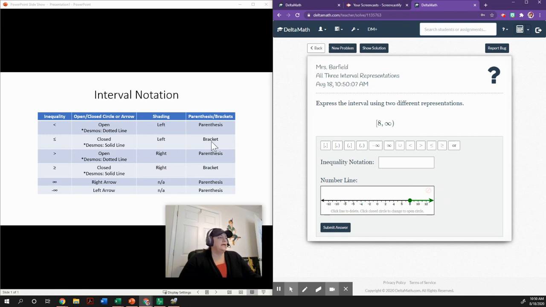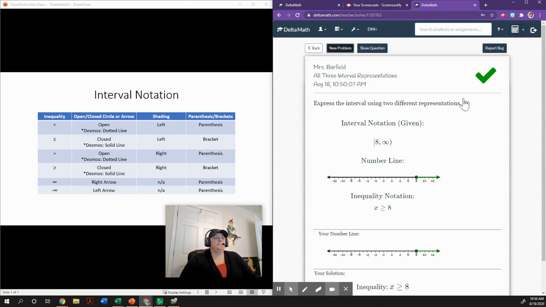Okay, I've got a bracket, which means I have a closed circle. So this picture's done. All right. Well, honestly, for me, once I see the picture, I'm like, oh, okay, x is greater than or equal to 8. Submit my answer. Okay.